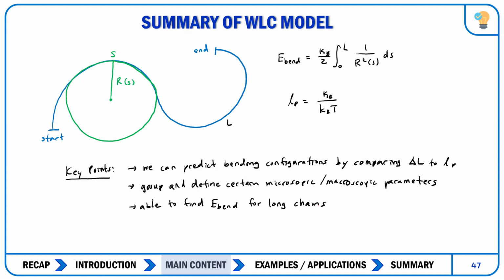So that summarizes it for the worm-like chain model. Next, we are going to look at DNA elasticity and then merge all of our knowledge together to try and come up with better models.